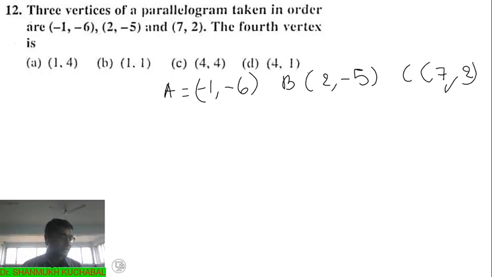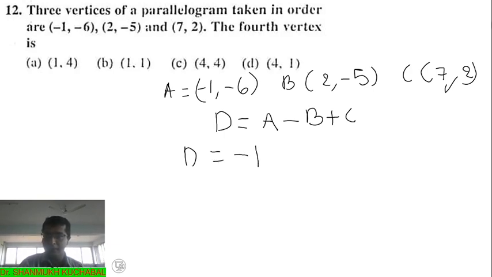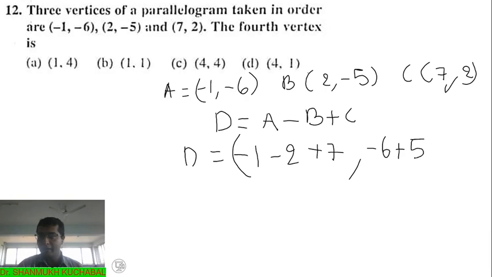The fourth vertex is, okay, so once again we have to remember this trick, D equal to A minus B plus C. Okay, so D equal to, A is -1, B is 2, C is 7. Like this, x coordinate, then y coordinate -6 plus 5, then plus 2.